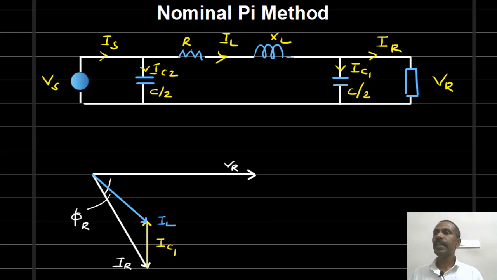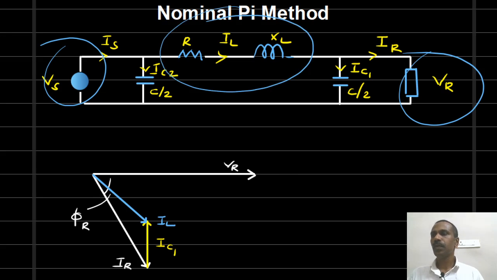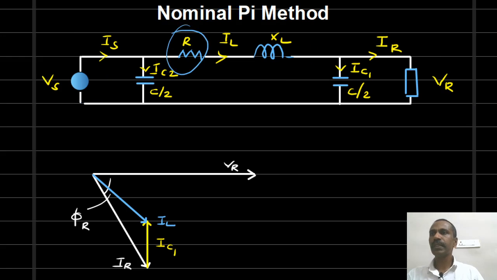Now we have to find out the sending end voltage VS. Now VS is equal to the receiving end voltage plus the drop in the transmission line. We have two drops in the line. One is the drop across the resistor, the other is the drop across the inductor. The drop across the resistor should be drawn in parallel with the current. The current through the line is IL. So the voltage across the resistor should be drawn in parallel with IL. So this is IL into R. The current and the voltage across the resistor are in the same direction. Now we need to consider the drop across the inductor.